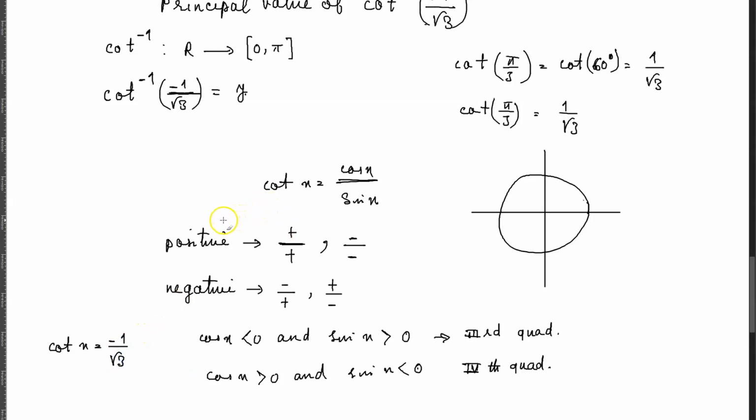Now, basically that angle, we need to take a look at the unit circle. And if I have some angle, what we usually do is find angles in terms of some angle in the first quadrant, and then we can make some changes to the angle which happens to be in the first quadrant, and take the angle to the second quadrant or the third quadrant or the fourth quadrant.